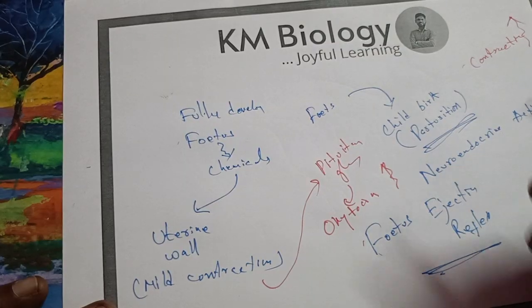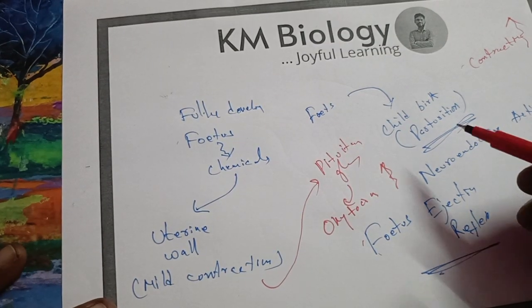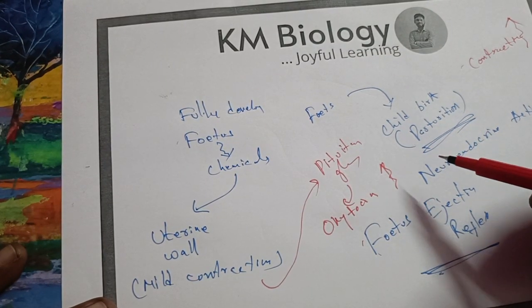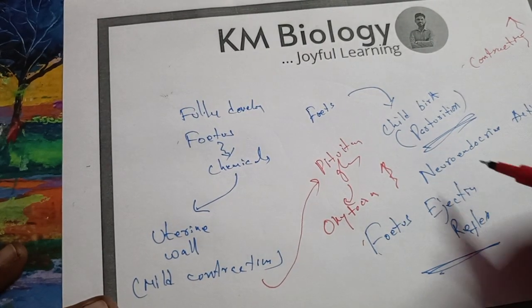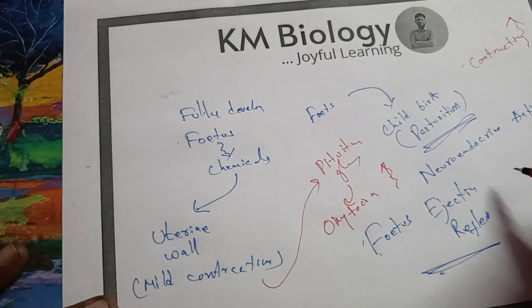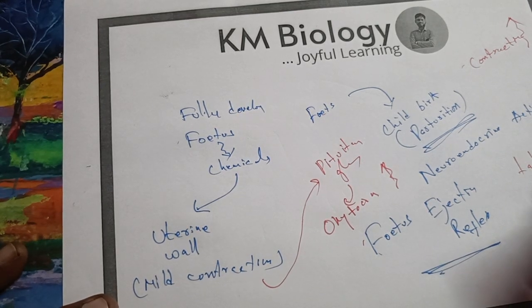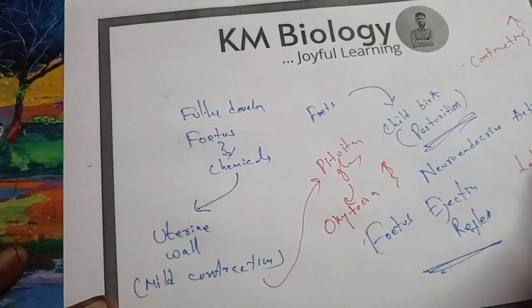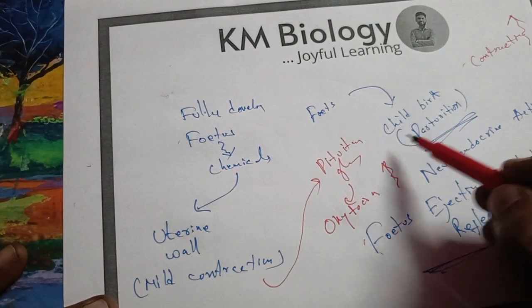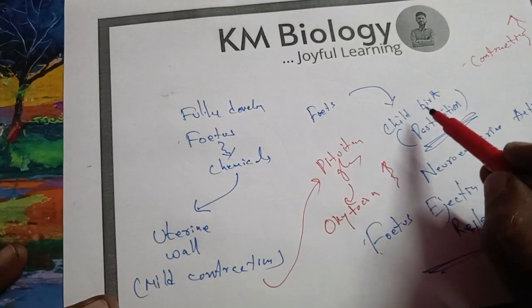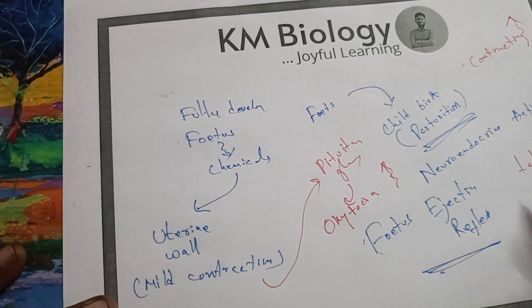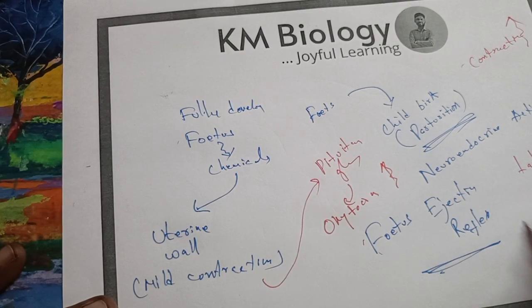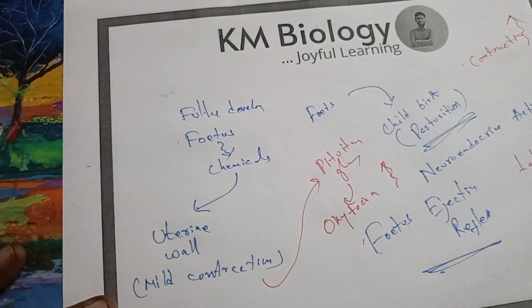At this time, rapid contractions will happen in the myometrium, which will push the fetus out. During this period, the mother may suffer severe pains, which we call labor pains, right? These pains will push the fetus outside through the birth canal. Already you know the birth canal is nothing but the cervix and vagina, and this is called parturition.